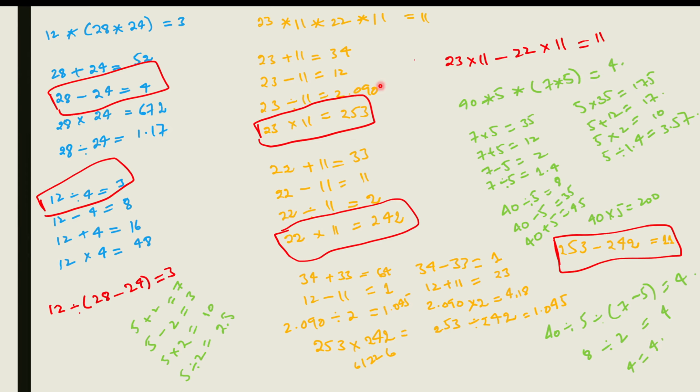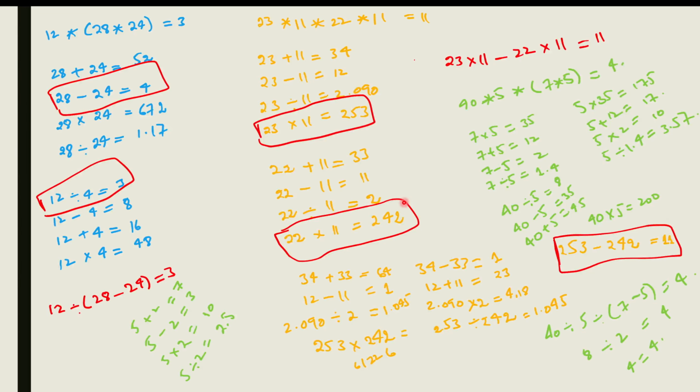So 23 multiplied by 11 gives us 253, and 22 multiplied by 11 gives us 242. These two signs are multiplication, and in the middle there's subtraction, which gives us 11 as a final result on the left hand side.